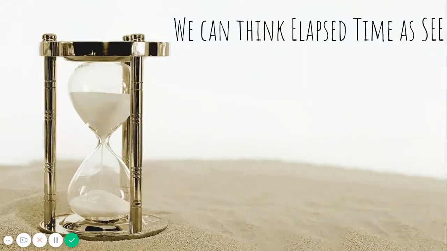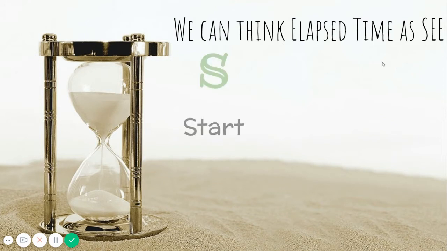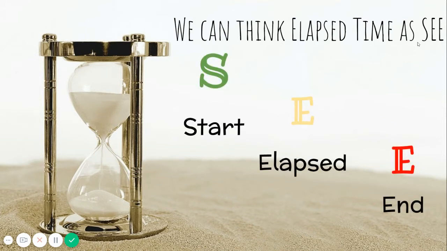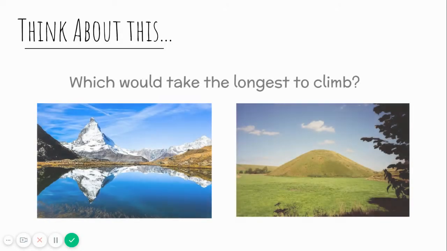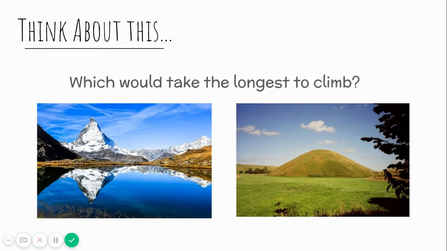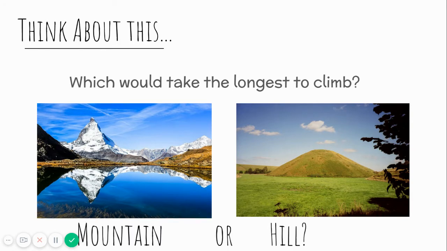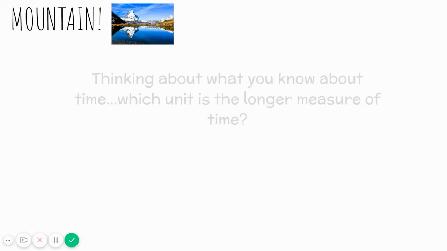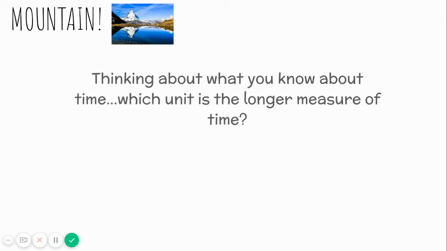We can think of elapsed time as C, from the start to the elapsed to the end. Think about this. Which would take the longest to climb? We have a mountain or a hill. What's going to take longer to climb? A mountain would definitely take longer to climb. Thinking about what you know about time, which unit is longer to measure time?